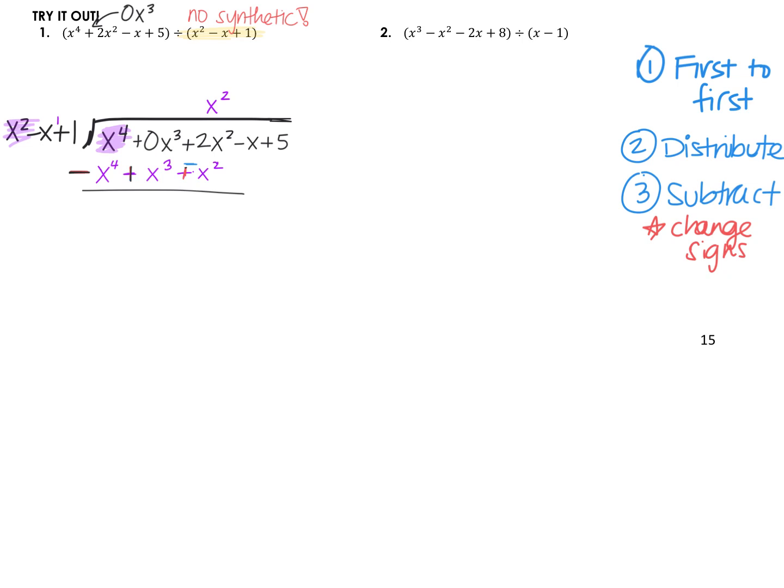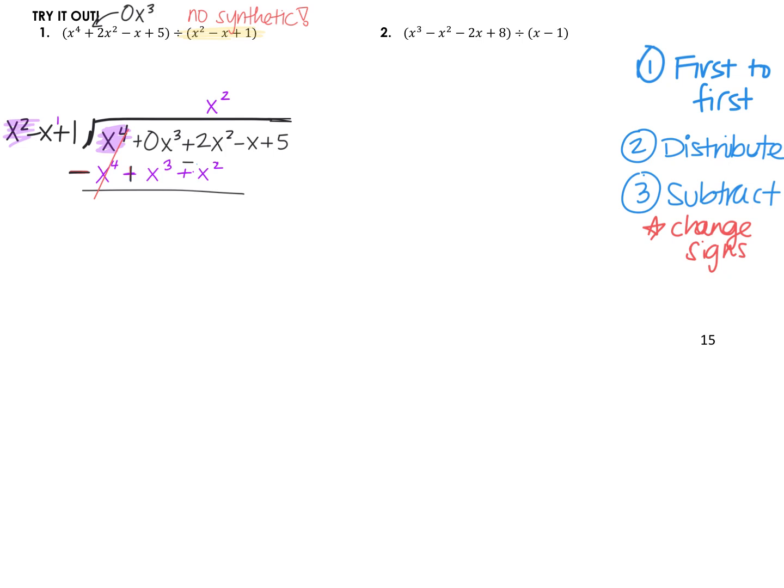Oh, was that a negative? Hold on, what was it before? I lost it. It was a positive, so this guy should be negative. Okay, sorry. All right, so now we're going to subtract. Obviously, these will cancel, and then you should be able to add down.